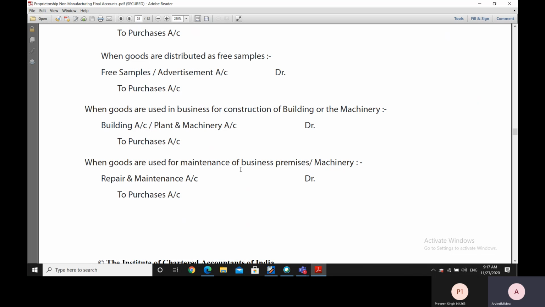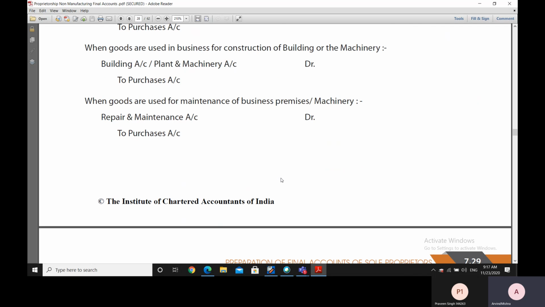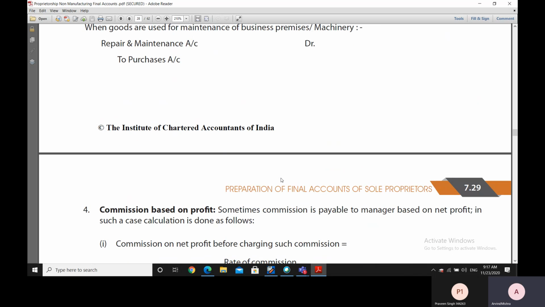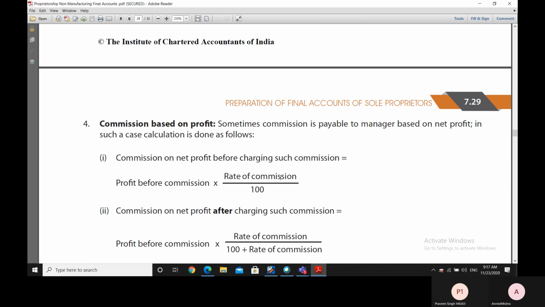Some goods may be used for maintenance of the business premises or the maintenance of the machinery. In that case, we credit the purchase and debit the repair and maintenance account, thereby treating it as a repair and maintenance expenditure.